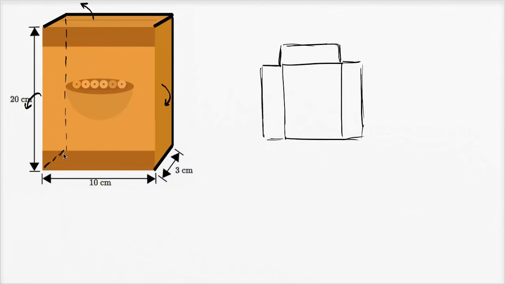Then we would have the bottom of the box. So the bottom of the box is going to look like this. And then we have the back of the box that the bottom is going to be connected to. We didn't cut that. So then we have the back of the box. The back of the box looks like this. And there we have it. We've made the net. This is what would happen if you made the cuts that I talked about and then flattened the box out. It would look like this.